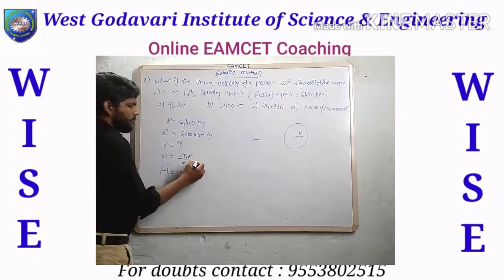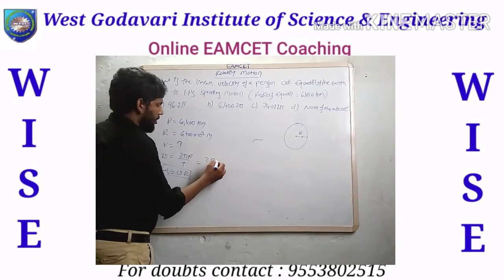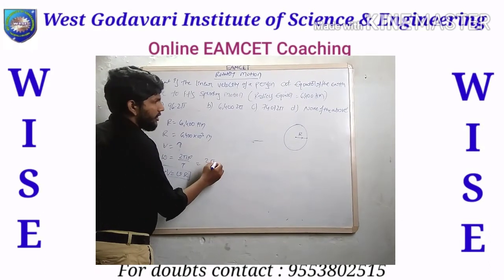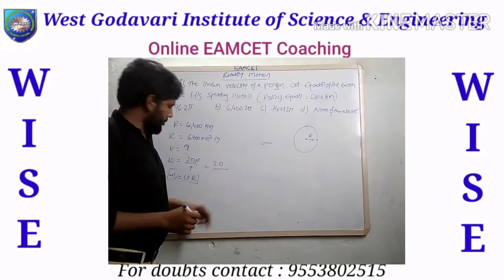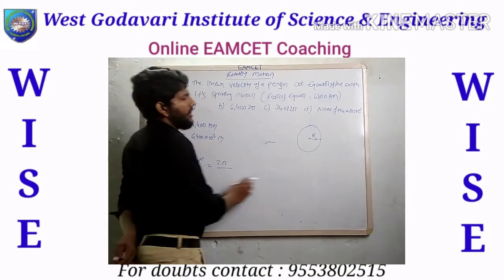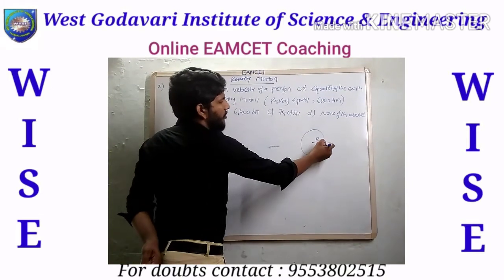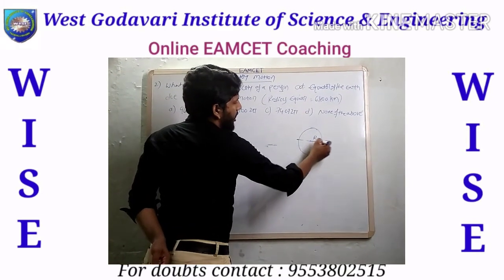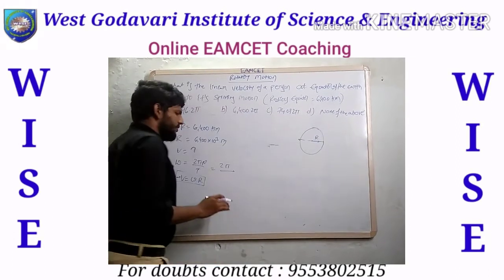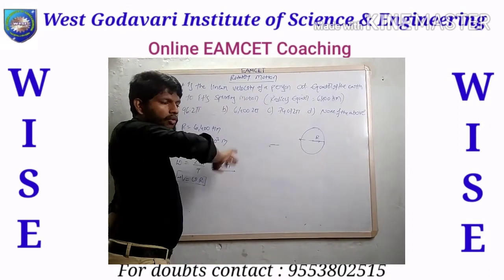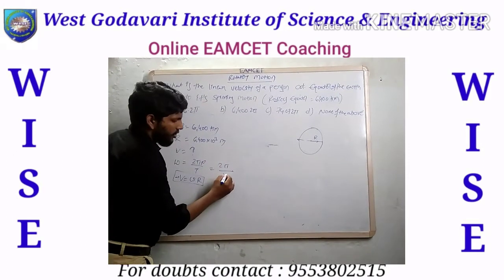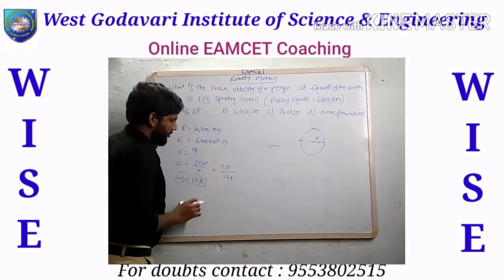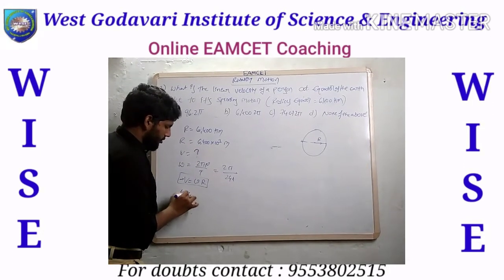Substitute the values: 2 pi into n, and that means one rotation, so obviously 2 pi. Here the earth is going to rotate from this side to this side, right? Which means the earth rotates 360 degrees. That means 1 day, that means 24 hours, right? So time is 24 hours.